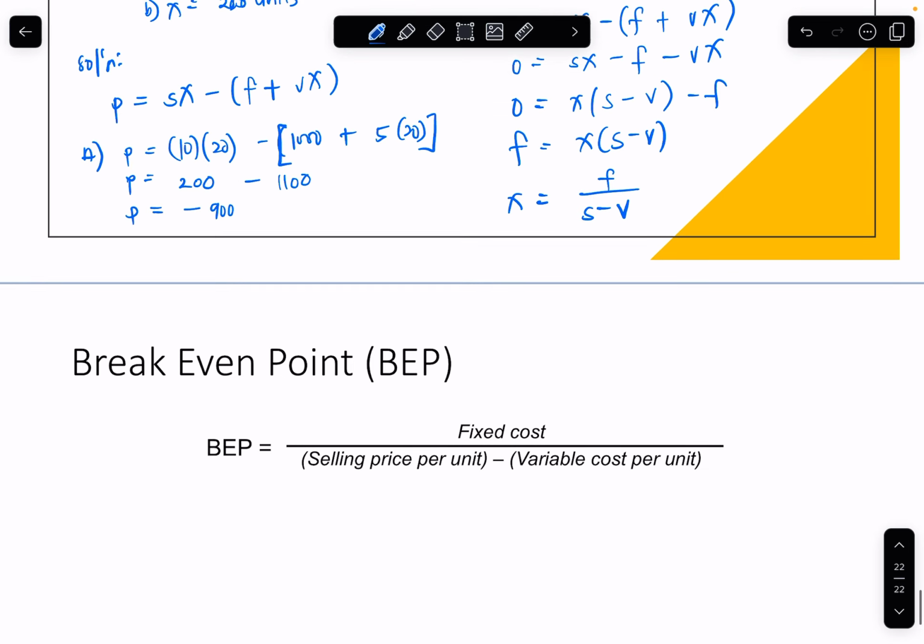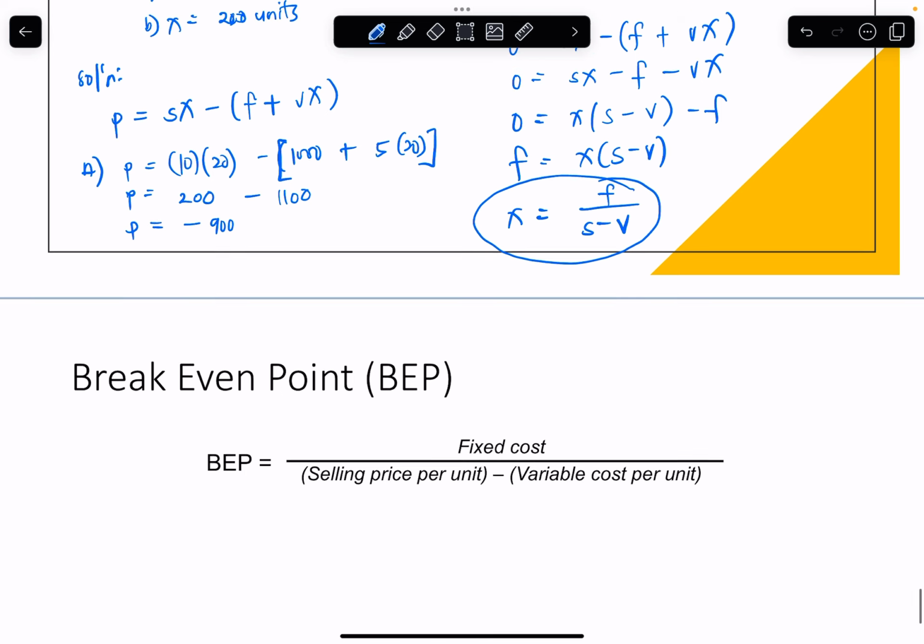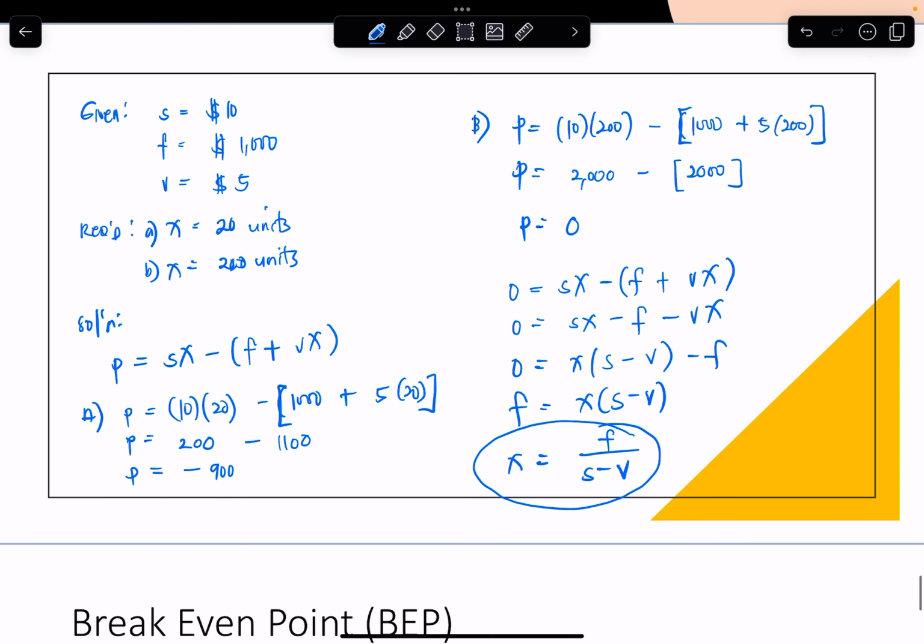The BEP, or break-even point, is this one if my profit will be 0. If I'm going to produce more than 200 units, that's the time that I'll be gaining some profit out of it. That is all about the quantitative analysis. The next video will be about linear programming.